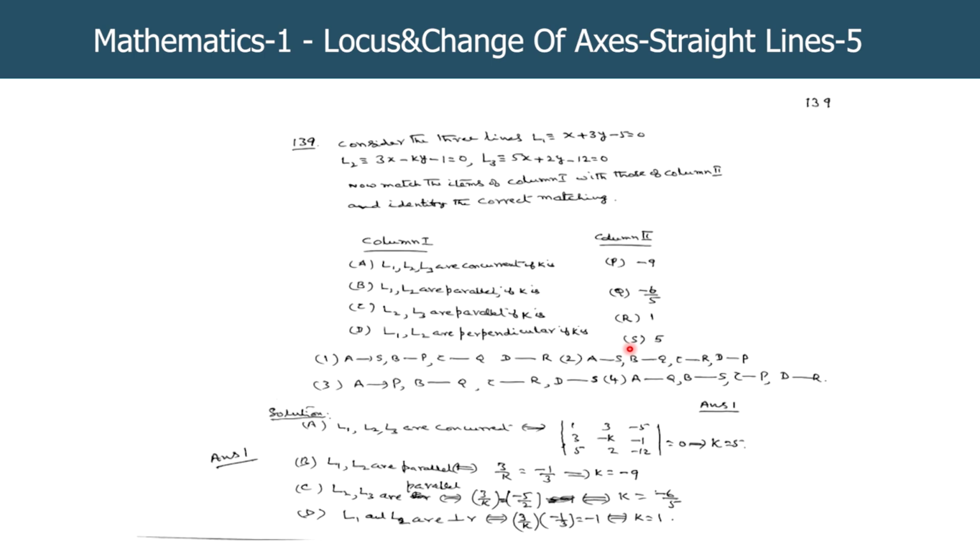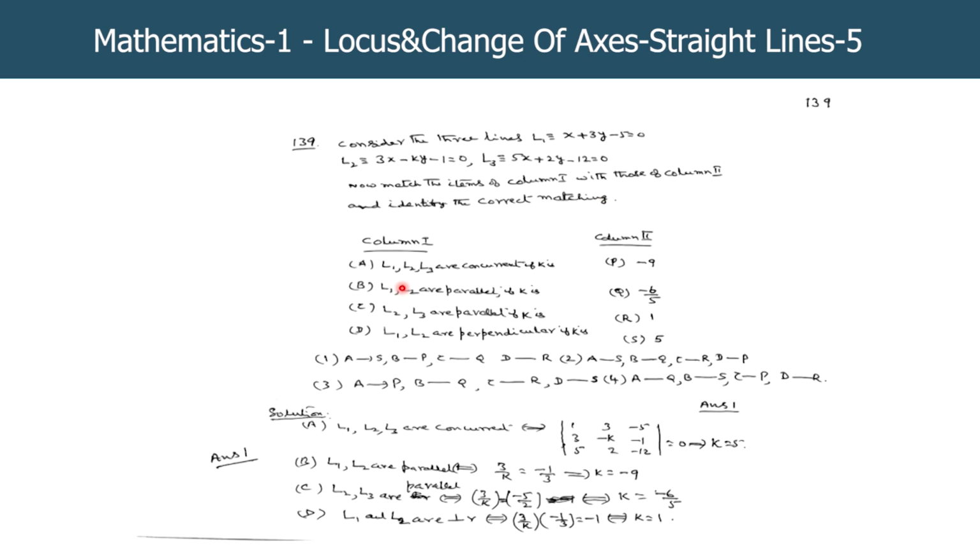You have to identify the correct option. Now you consider the three lines. L1 is x plus 3y minus 5 equal to 0. L2 is 3x minus ky minus 1 equal to 0. L3 is 5x plus 2y minus 12 equal to 0. Now match the items of column 1 with those of column 2 and identify the correct matching.